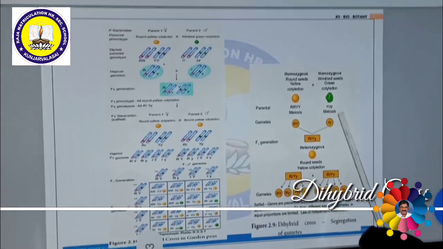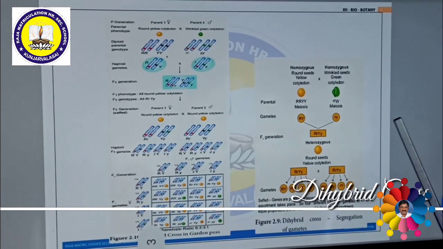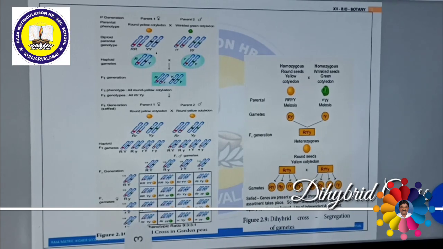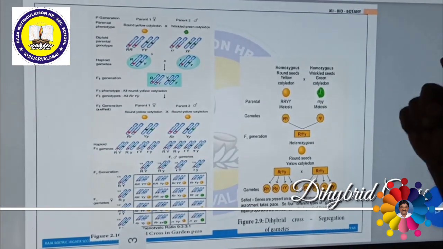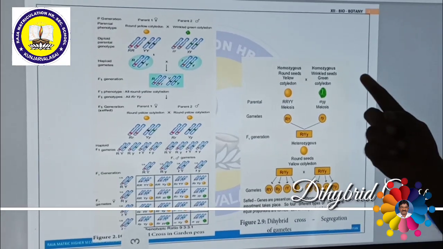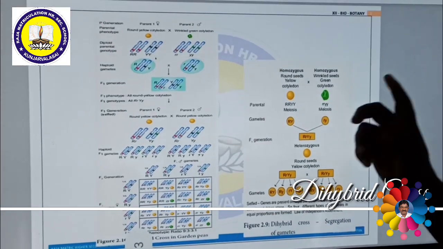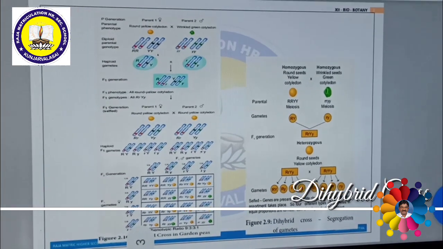What is dihybrid cross? As we discussed in the earlier class about monohybrid cross, a single trait or single contrasting pair of characters are crossed together. That is called monohybrid. Mono means single, hybrid means cross.